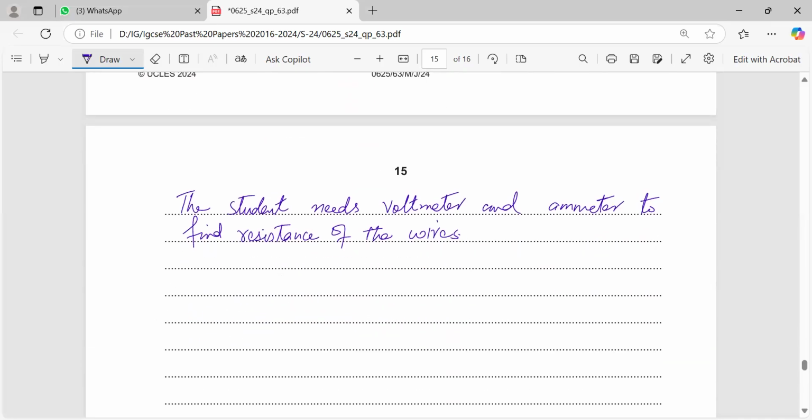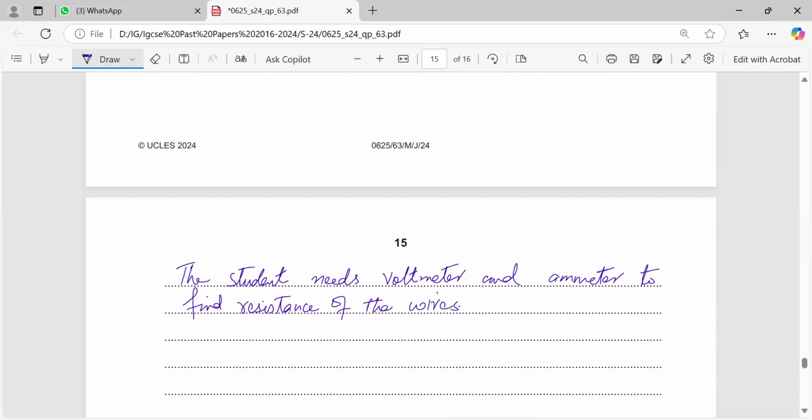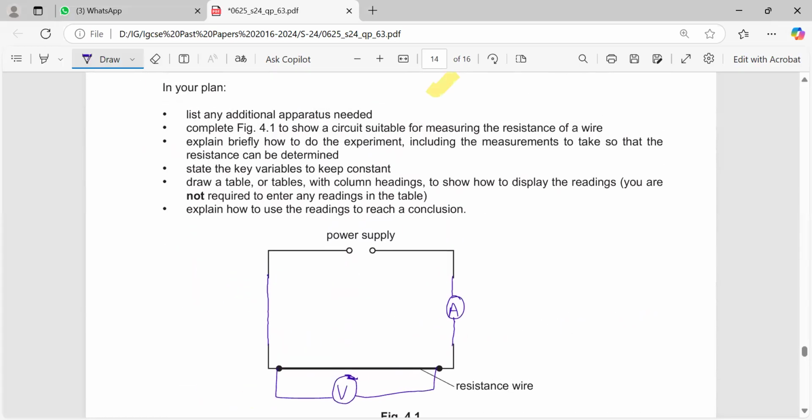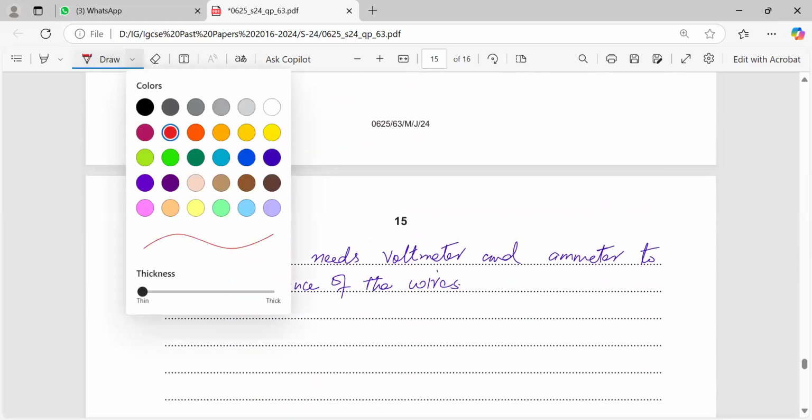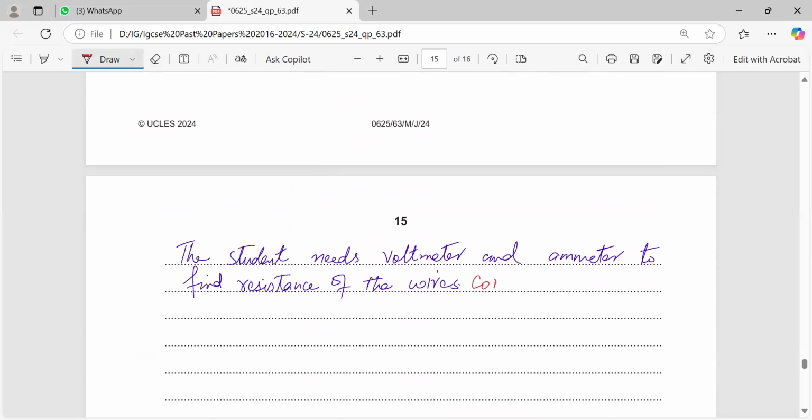Now, explain briefly how to do the experiment, including these values. We will start with that: connect the circuit as shown above.